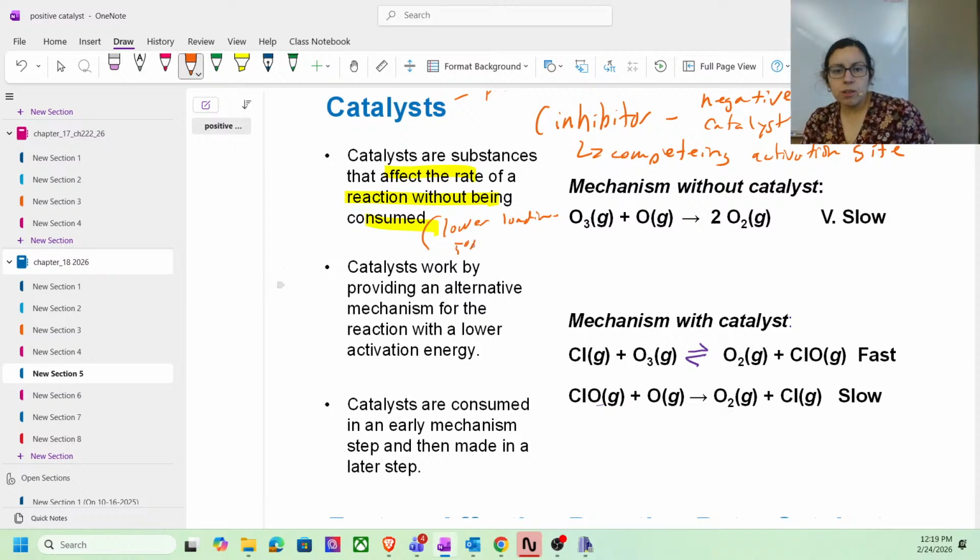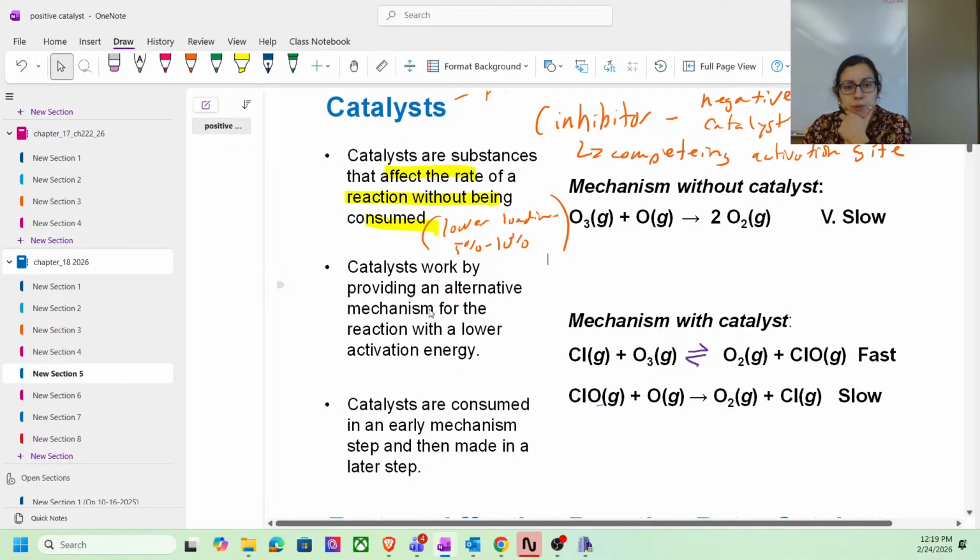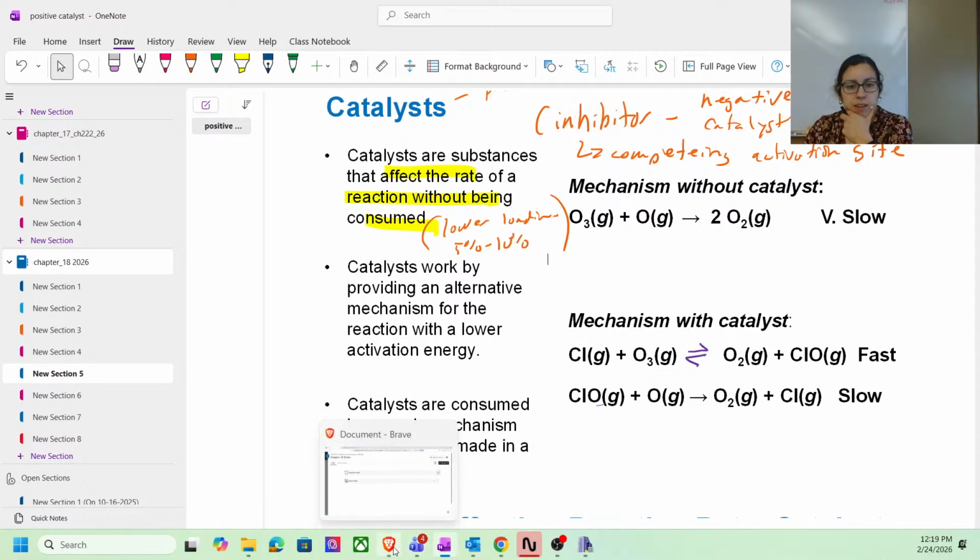Usually you can do like 5 to 10% loading, especially for those palladium catalysts that you will probably use in OChem. And then again, they provide a complete alternative mechanism.